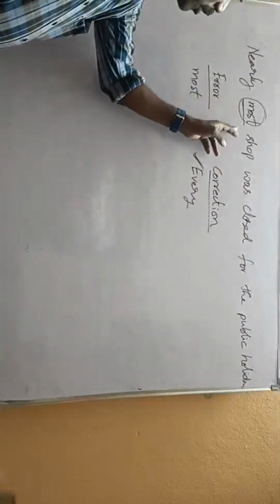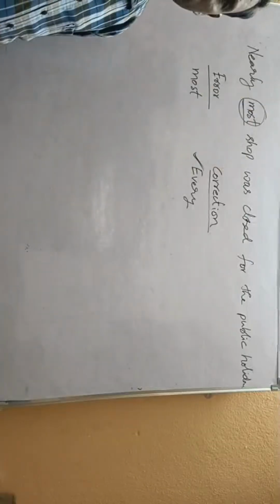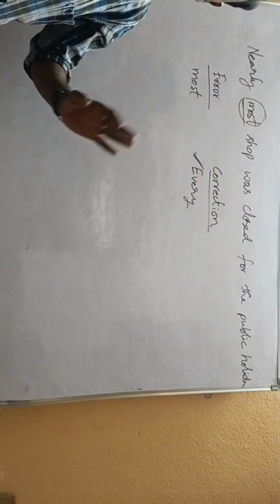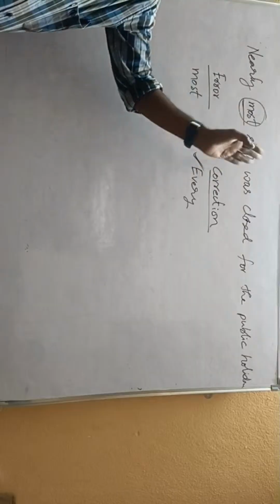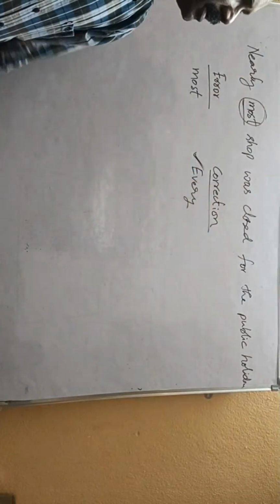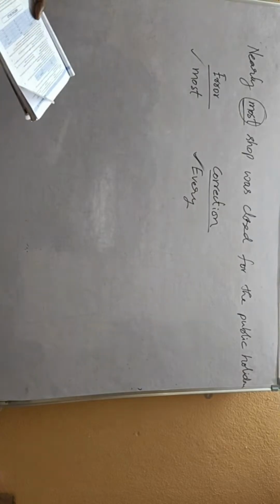If we use more shops, that is also wrong. Nearly more shops were closed for the public holiday, even that is wrong. Every shop must be closed on public holidays. So the error is most and the correction is every.